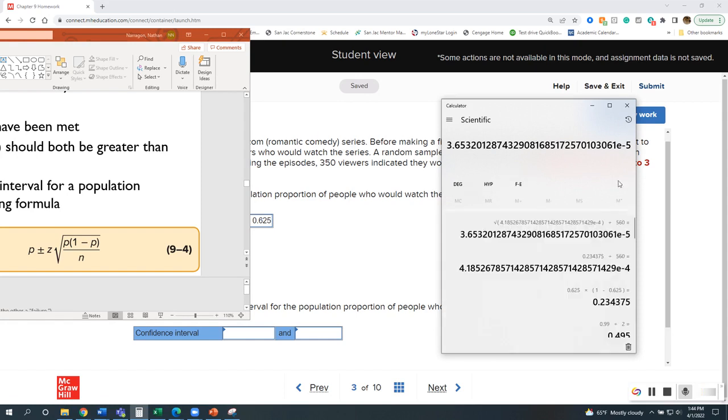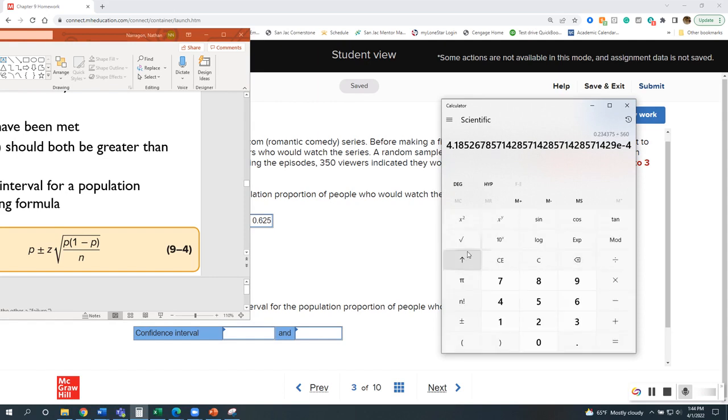Alright, square root of that. Calculator wants to have fun. So we're going to go ahead and put it in parentheses and see if we can square root it all.